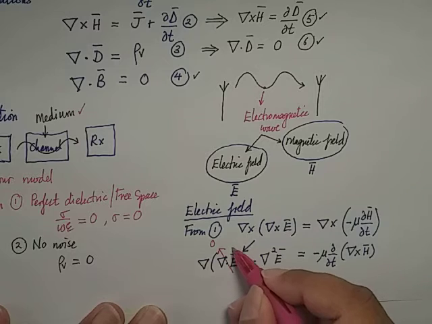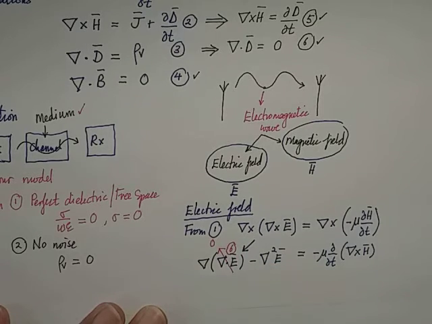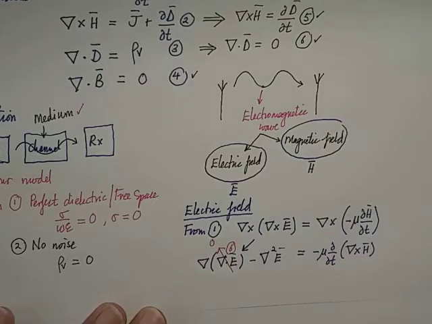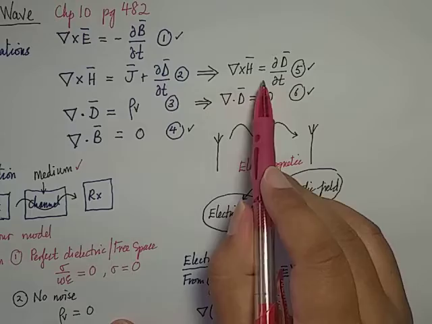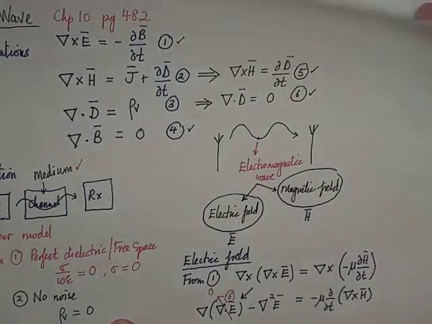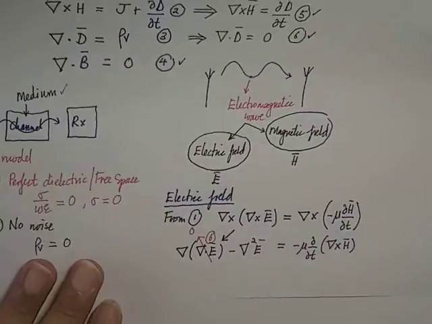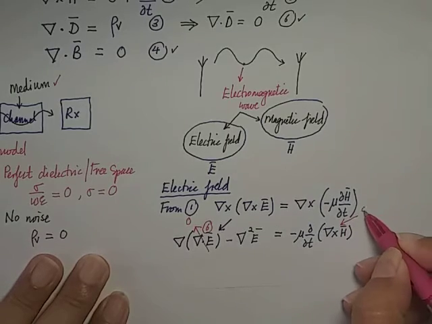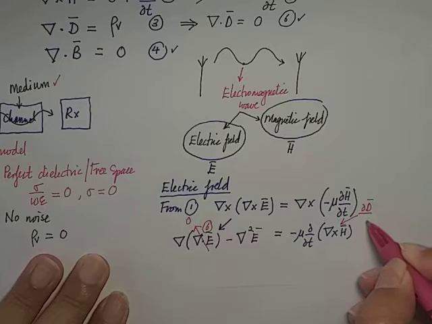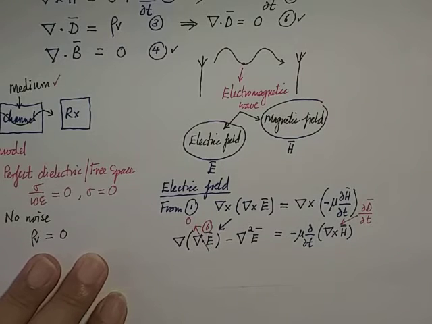Because of equation number 6. Similarly, for this bracket term here, I can refer to equation number 5. The curl of H equals dD over dt. So I can now replace this term with dD over dt, or in other words, our displacement current density.